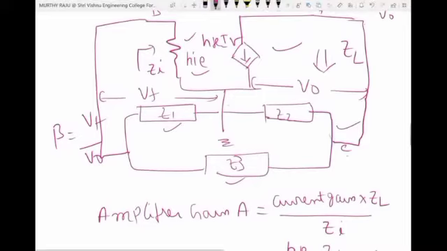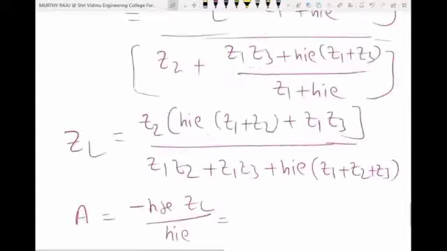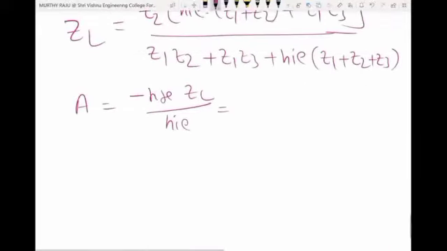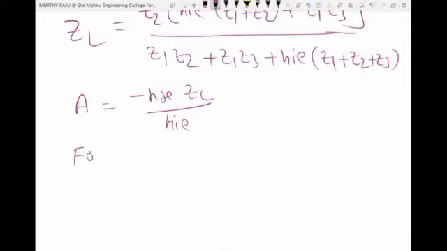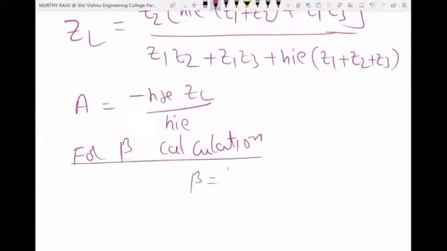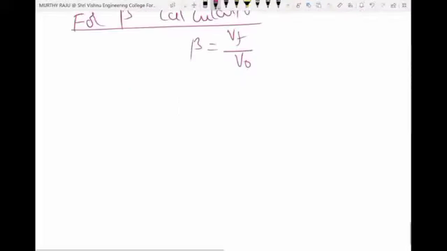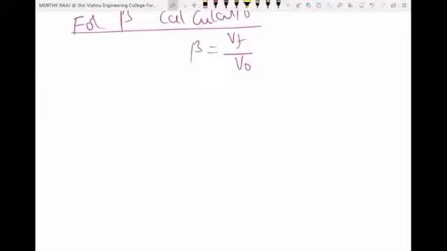Now again simplify this circuit diagram for beta calculations. Beta is equal to Vf by V0, the feedback output voltage by V0.